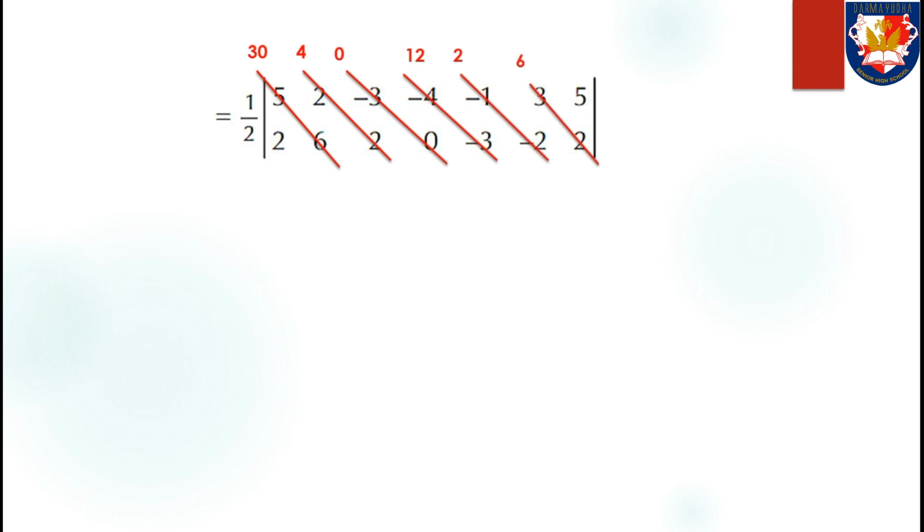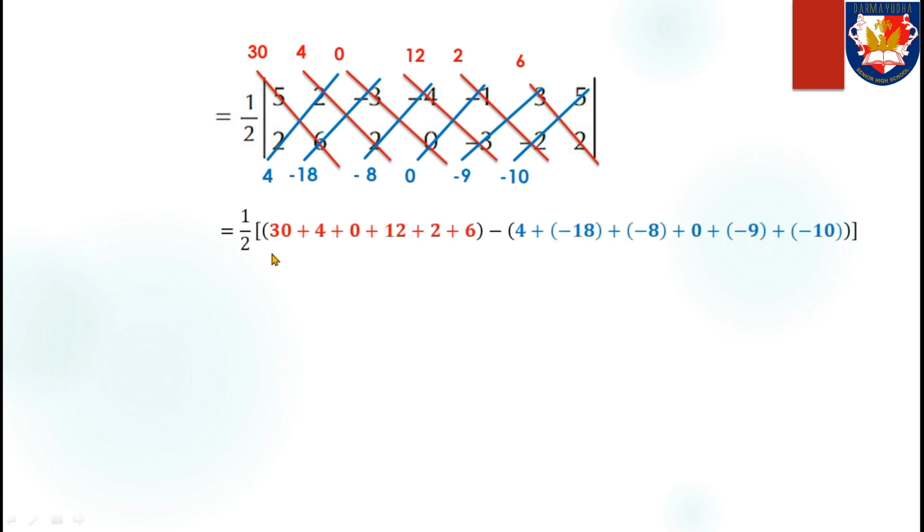The results are shown by the red numbers. And then the other diagonals: 2 times 2, -3 times 6, -4 times 2, -1 times 0, 3 times -3, 5 times -2. The results are shown by the blue numbers, equals half times the sum of the red numbers subtracted by the sum of the blue numbers. So the area equals 47.5 square units.